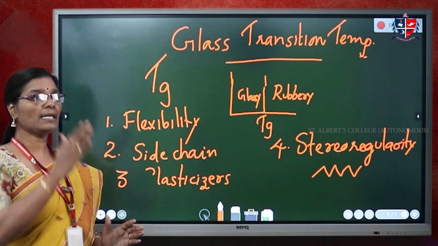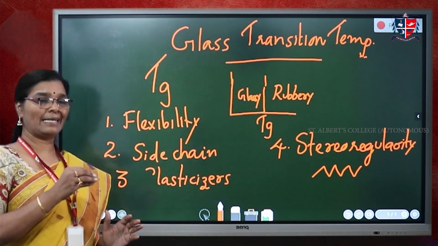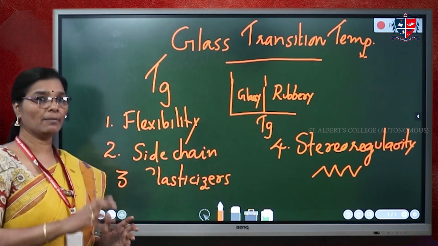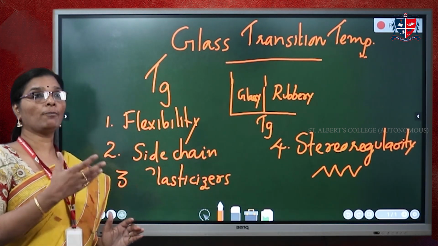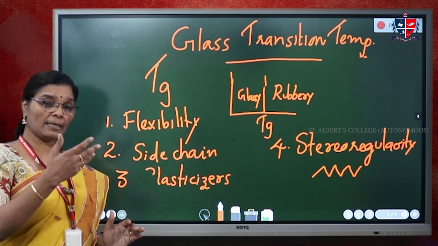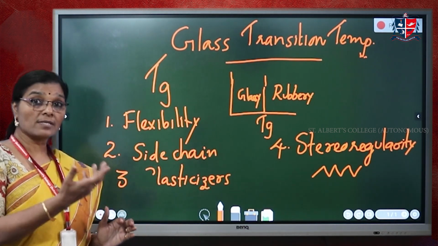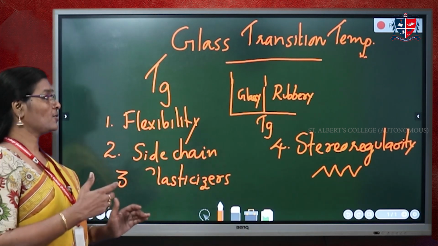Tg, we know that it is a useful temperature. It gives various parameters related to a polymer. It is very important for deciding the processing temperature and which type of processing technique to use.